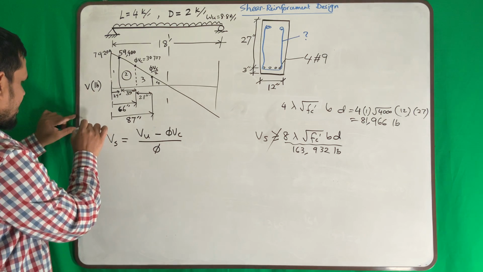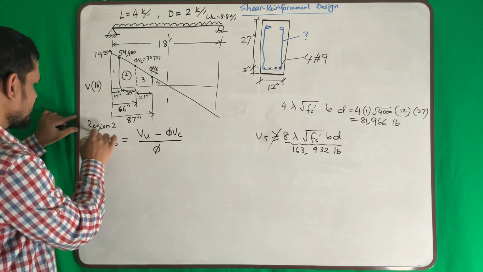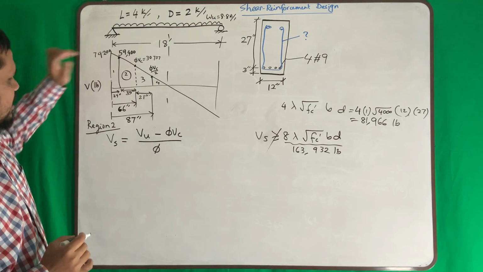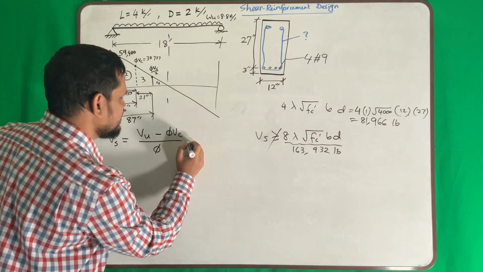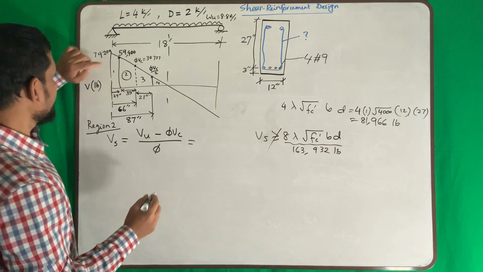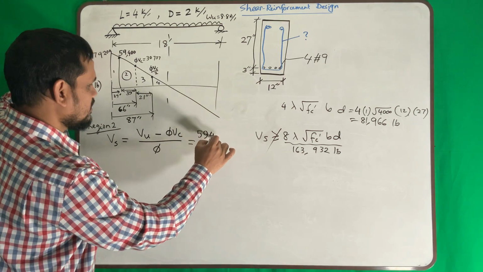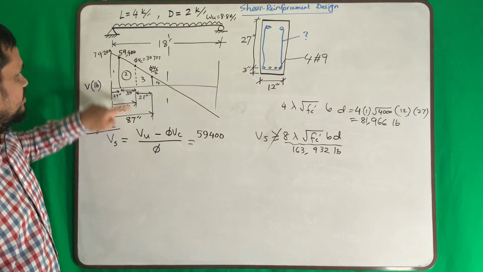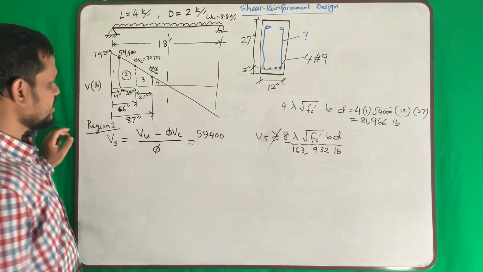So, right here, region number 2 we are doing here. So the amount of shear force taken by steel is this. What is this value? Again to tell you, Vu is this value, not the maximum one, the value at d distance.